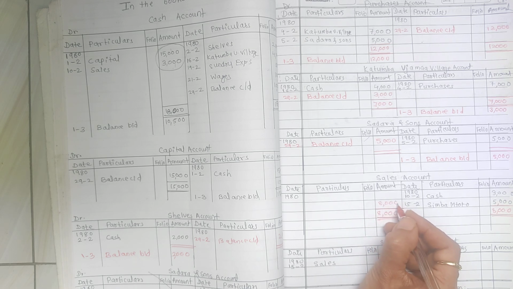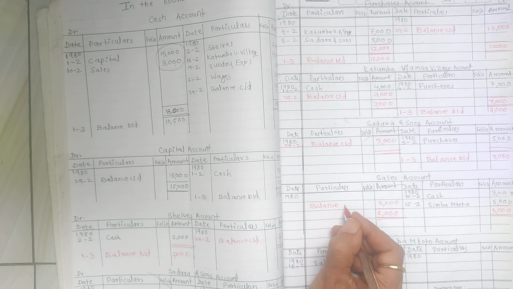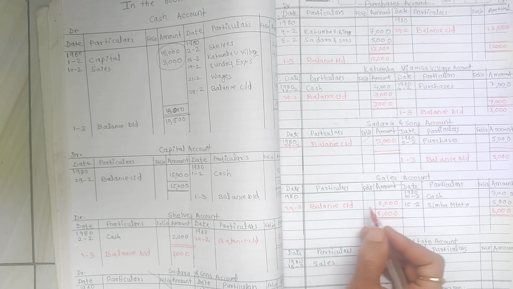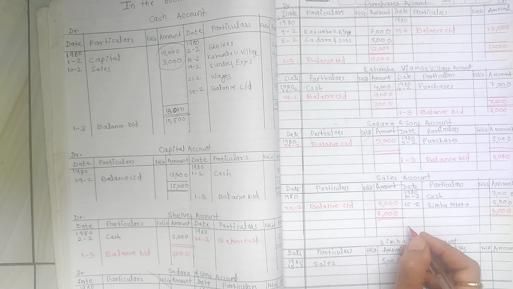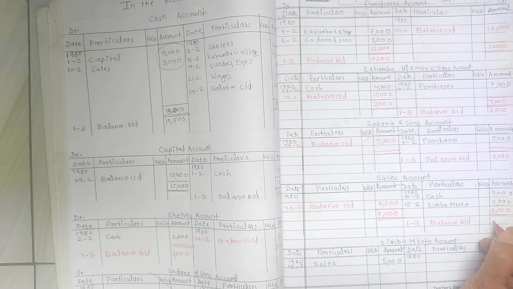Writing the amount on the lower side, 8,000 you write on the debit side. Balance carried down. This balance is known as a credit balance. Write on the opposite side now, down, 1st March.